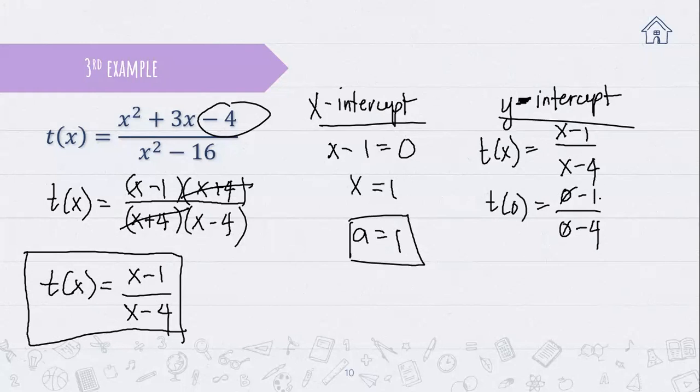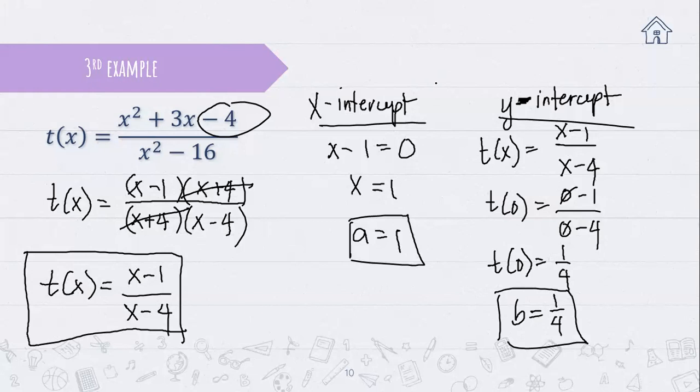So, negative 1 over negative 4. Our t of 0 is equal to 1/4. Bakit 1/4? Negative divided by negative is positive. So, our b is equal to 1/4. Yan siya. So, our x-intercept is 1 and y-intercept natin is 1/4.